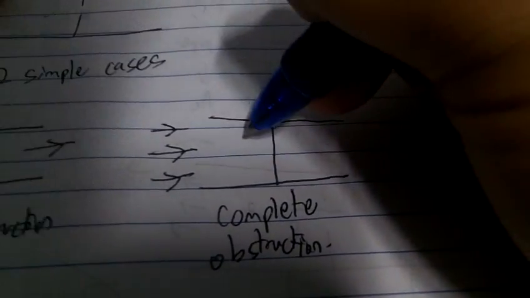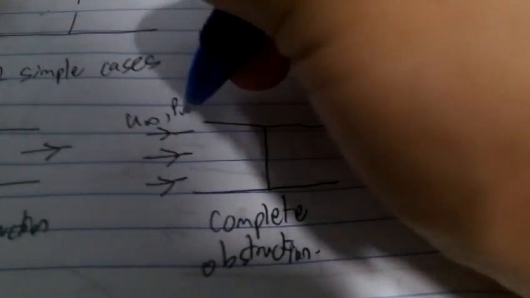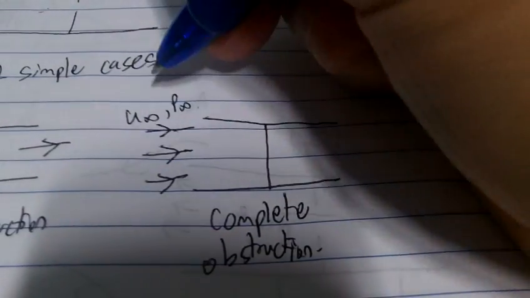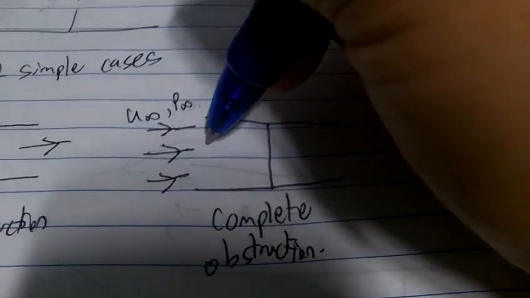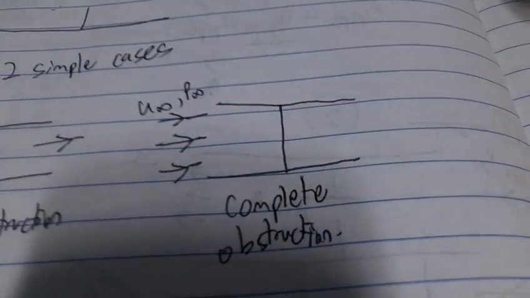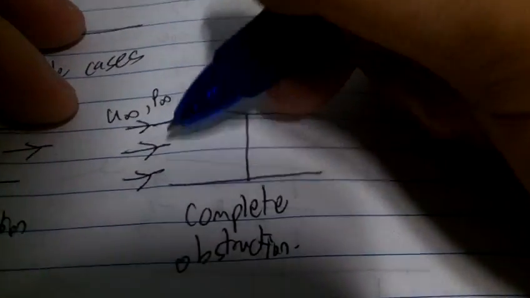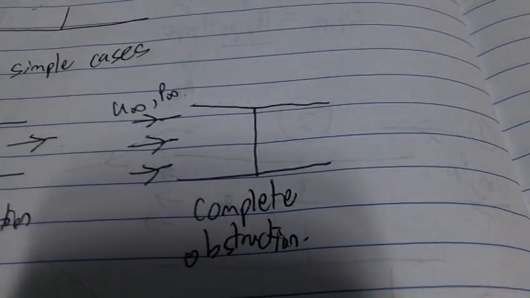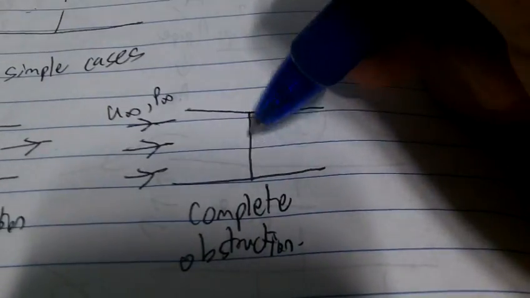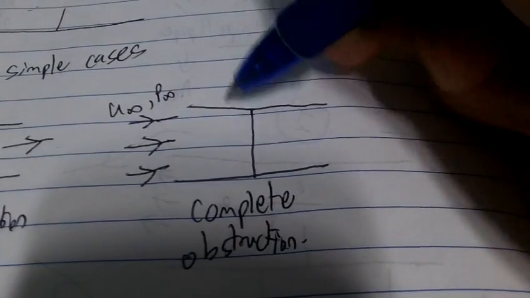Here, however, we see something a little more interesting. As the fluid flows into the pipe with a static pressure and free stream velocity U infinity, you can notice that the fluid actually slows down. It's almost like a pitot tube. You can imagine the fluid's kinetic energy is actually being converted into pressure as the fluid is pressing itself against this blockage in the pipe.